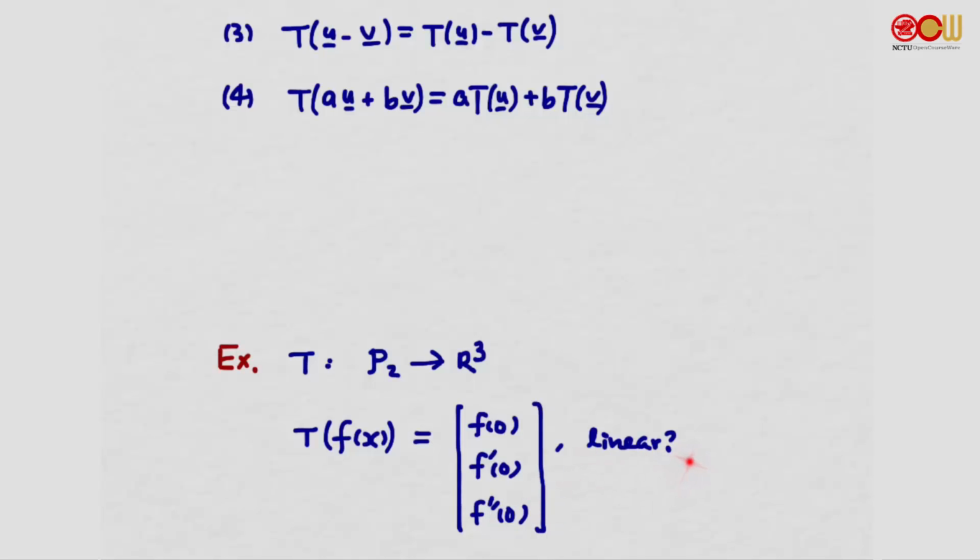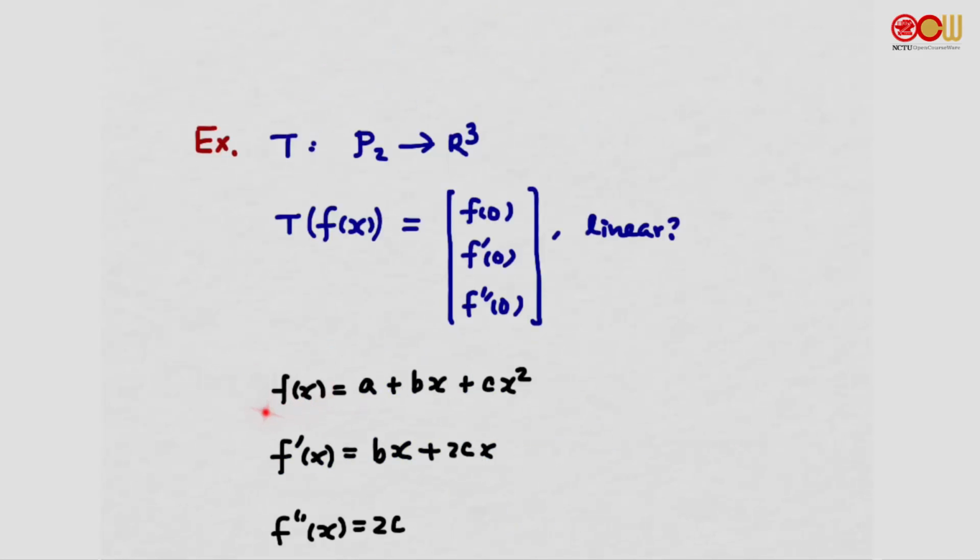Would this mapping be linear? Well, we know f(x) is a polynomial in P2, so let's write it as a plus bx plus cx squared. Then f prime of x is b plus 2cx, and f double prime of x is 2c.